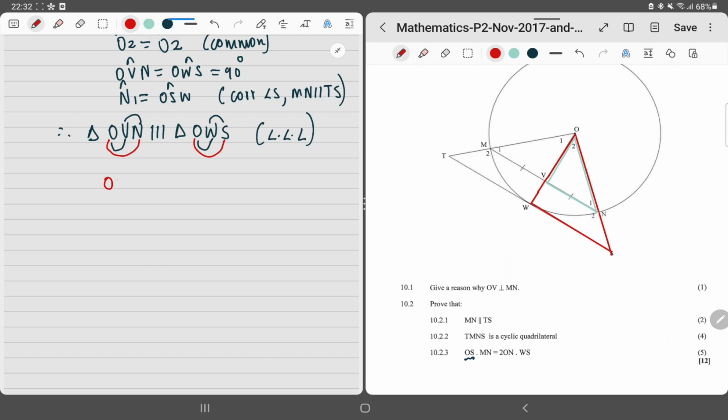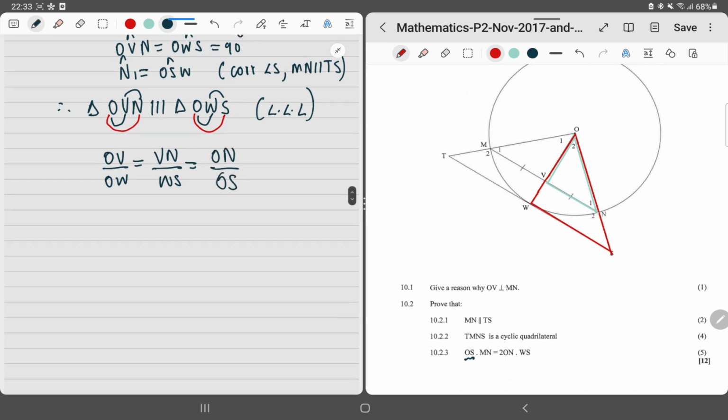So this is OV over OW is equal to VN over WS, which is equal to ON over OS.